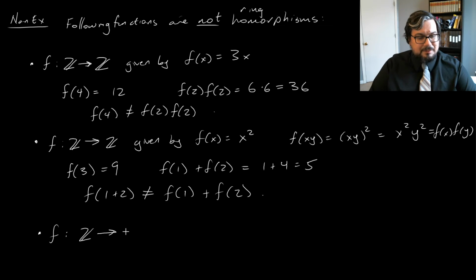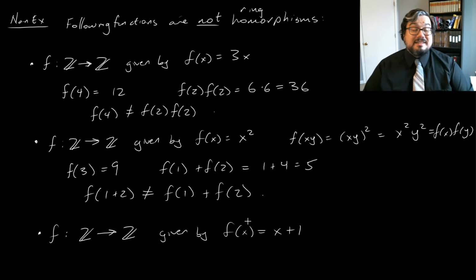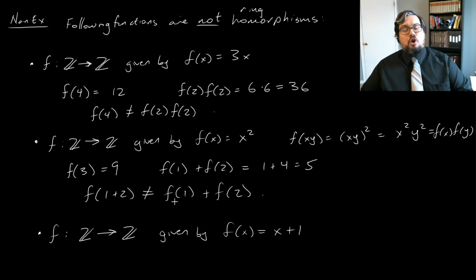And then if we take the function f from Z to Z, given by f(x) = x + 1, well, this doesn't respect either multiplication or addition. If you wish to prove that a particular function is not a ring homomorphism, as long as you can identify whether it fails to respect addition or multiplication, then it will typically fail nearly all the time.